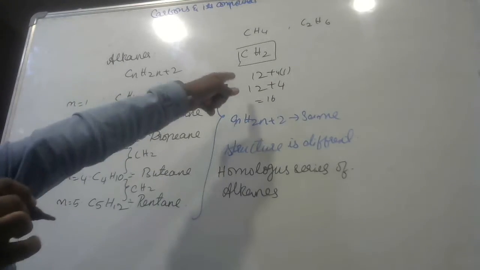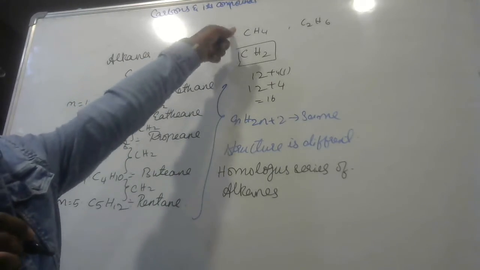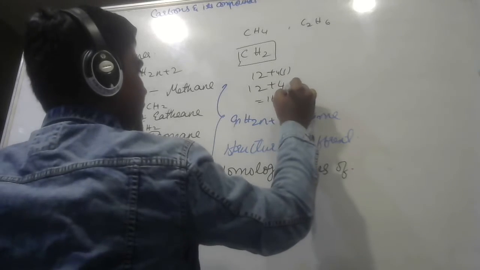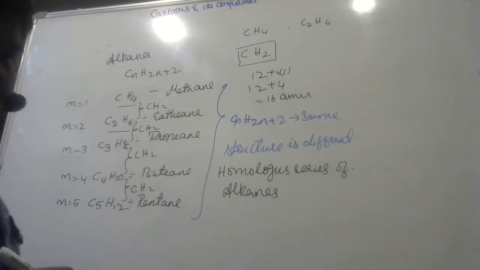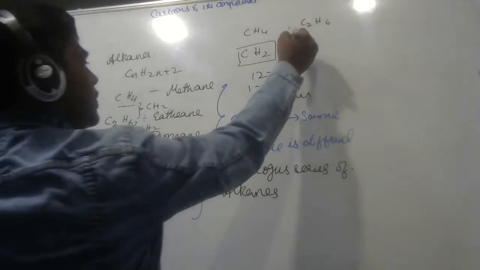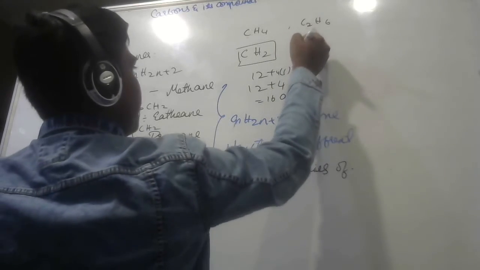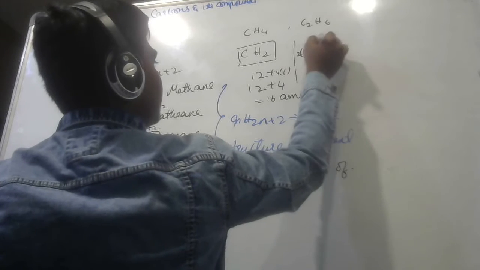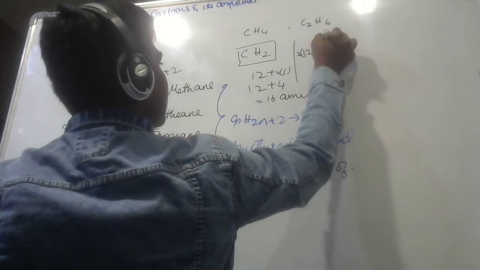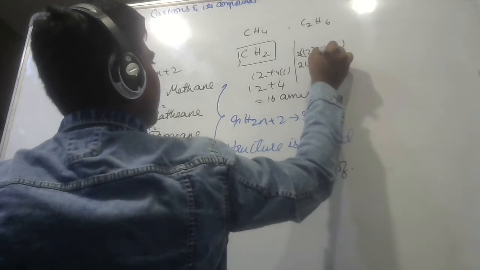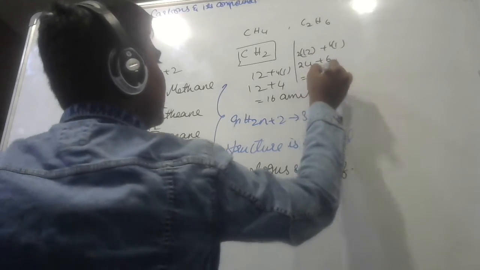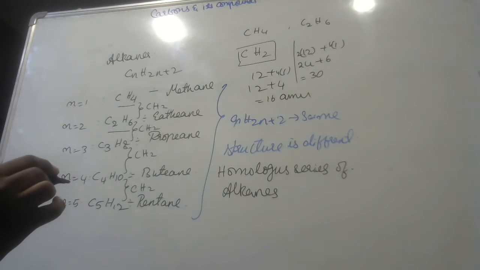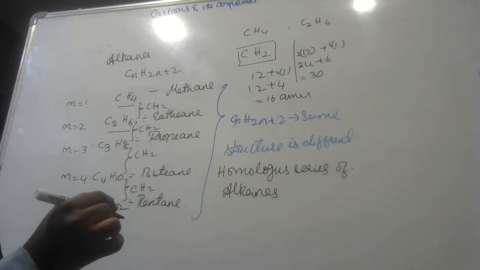The atomic mass of CH4, or methane, is 16 AMU. Now let us see ethane: 12 into 2 plus 1 into 6. 12 twos are 24, plus 6, we get 30 AMU. So the atomic mass is 30 AMU.